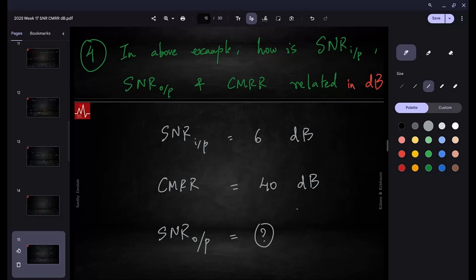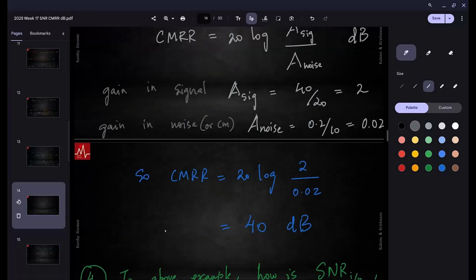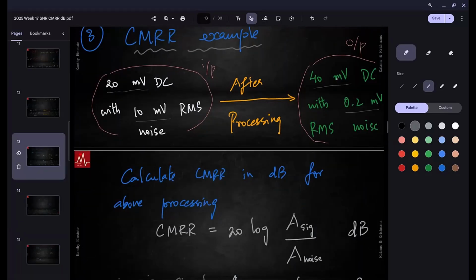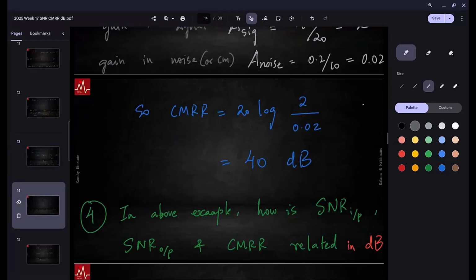One way is, if you know the relation, you can calculate that, or you know the signal, right? You know the output, 40 millivolt at 0.2 millivolt RMS. So just calculate the SNR out.